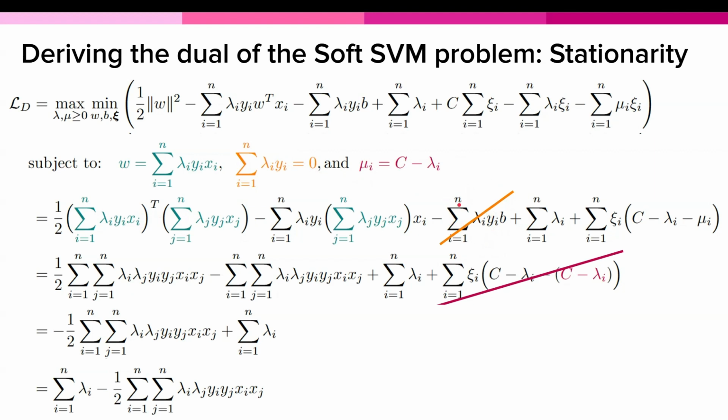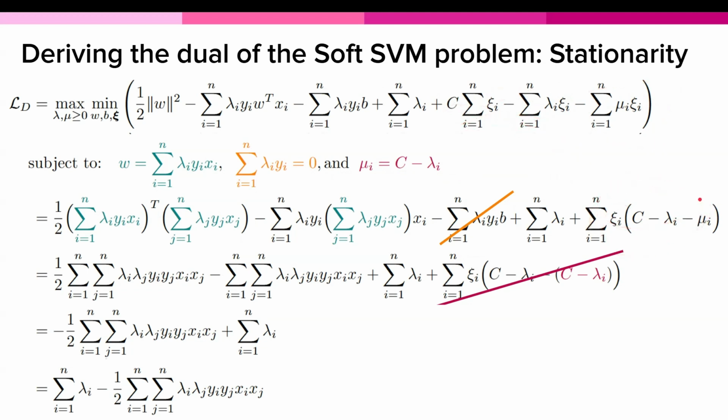And now let's minimize the Lagrangian with respect to the slack variables. The relationship that mu i equals C minus lambda i, we can substitute for mu i into the Lagrangian. First we can rewrite this expression here because we see sums over C three times, so we can rewrite it into a simpler form.